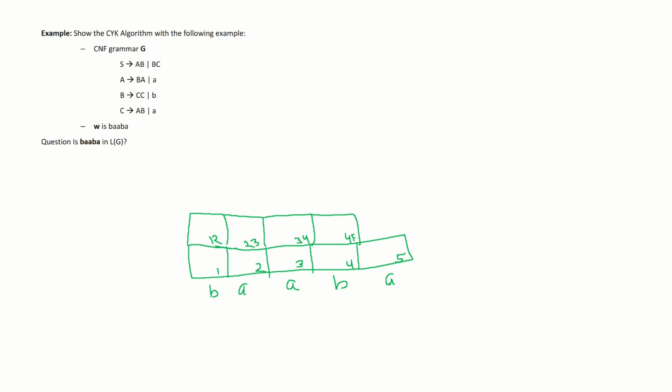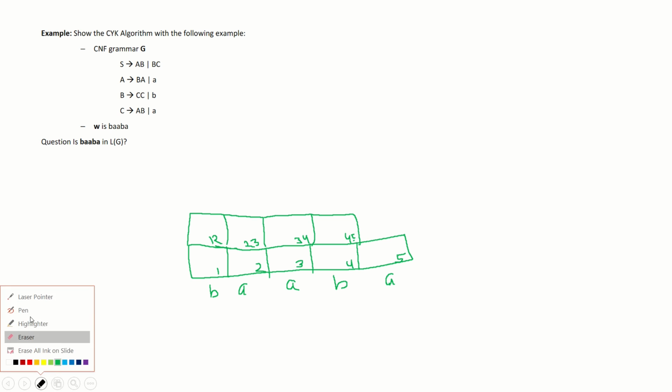After this 4 5 we can't get any more columns in this row. Why? Because that would be 5 and 6, but we don't have any sixth character. Our length is 5, so the 5 6 won't be there.